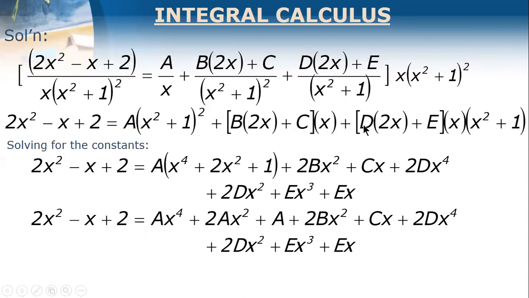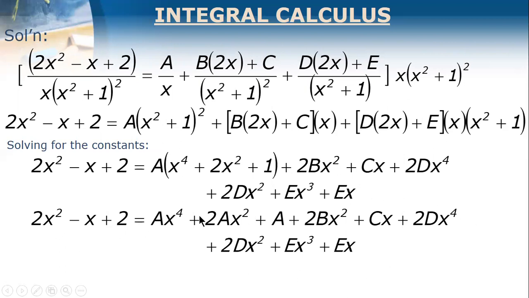For this one, we have D times 2x, that's 2Dx times x, 2Dx squared times x squared, you have 2D x raised to 4. And then 2Dx times x, 2Dx squared times 1, we only have 2Dx squared. And then E times x squared, Ex cubed. And then E times x times 1, we have Ex.